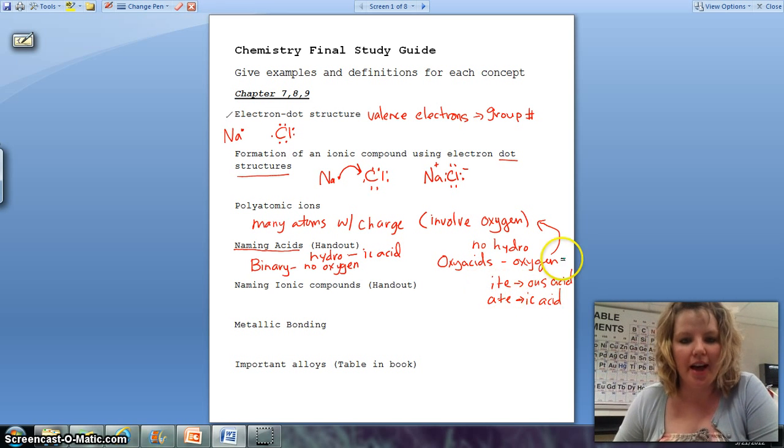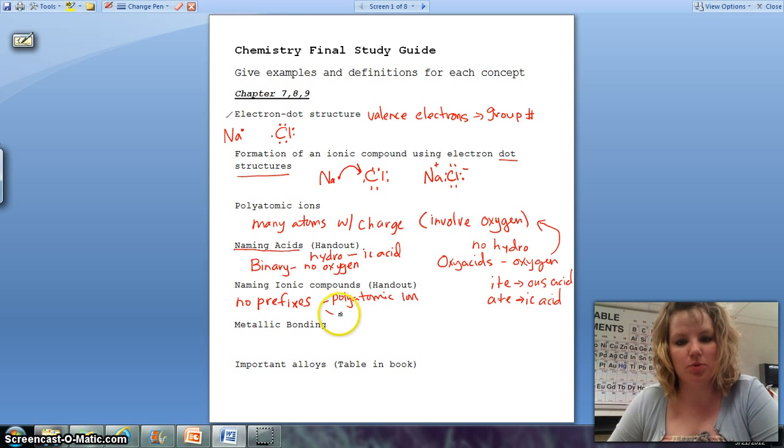Okay. Ionic compound naming is very easy. There's no prefixes. The only thing you have to do is look out for 2 things: polyatomic ions, and things with oxidation numbers.